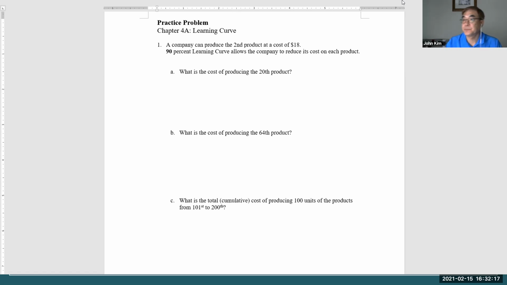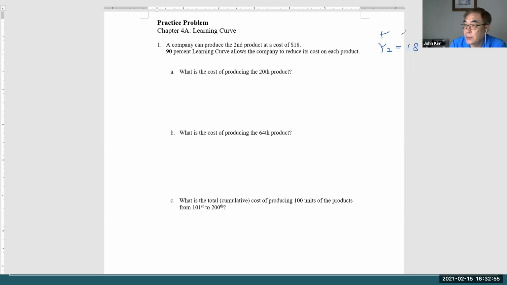Okay. Any question? Let's do it together. A company can produce the second product at a cost of $18. So this gives y second equals 18.